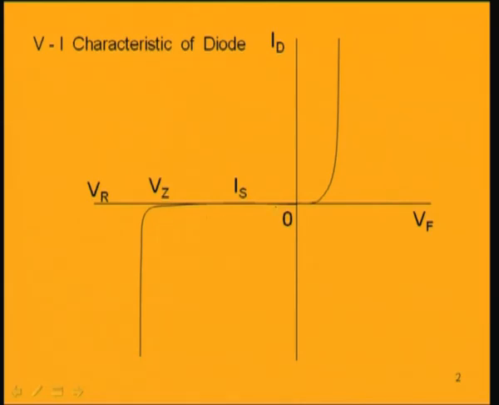Now, if we go on increasing the reverse bias potential, then if it is sufficiently large, after a point we see that there is a sharp increase in the reverse current IR.